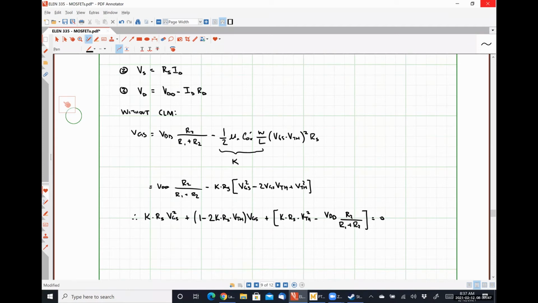I wrote it this way for a very specific reason. Let me just make sure that I've got it right: K RS VTH squared. Yep. 2K RS VTH. Yep.